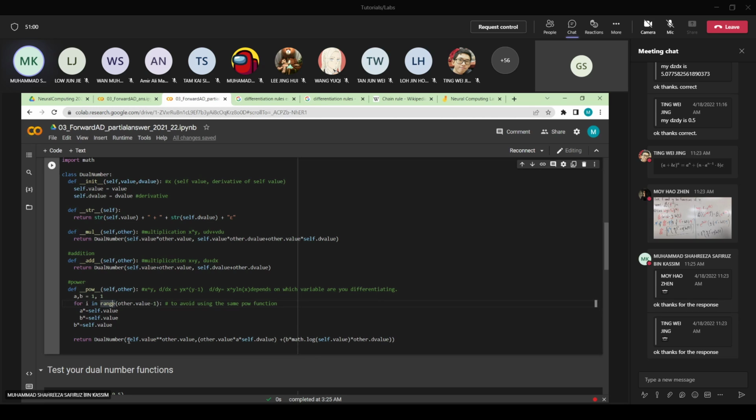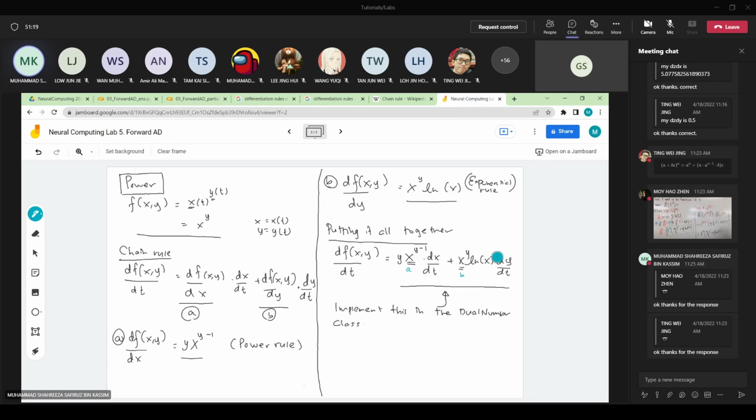This is the x to the power of y. It's nothing new here. Only the derivatives are a bit complicated, which is an implementation of this term, putting it all together.